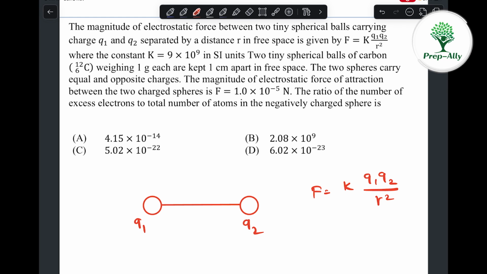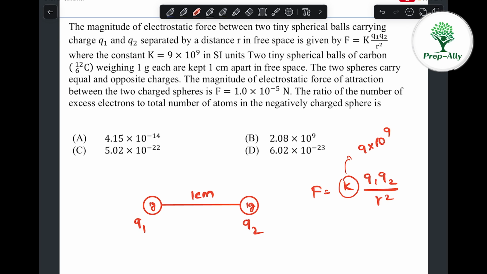Now what is the distance? We already know K is equal to 9 into 10 power 9. The two tiny spherical balls, both made of carbon, 1 gram each, are kept 1 centimeter apart.